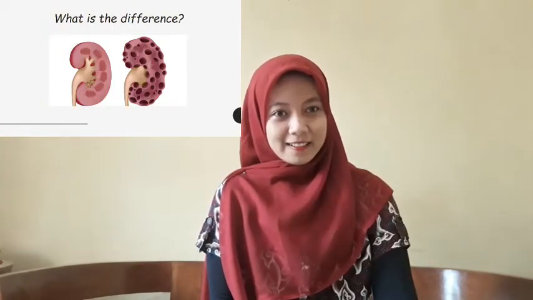Next, is there a connection between one picture and another? Who knows? Oh, okay, maybe Intan. Yes, miss. There is a relationship between one picture and another. If we don't maintain our lifestyle and diet, the kidneys will be impaired like the picture on the right side. Great, Intan. And then you must look at the video about the importance of the kidneys.